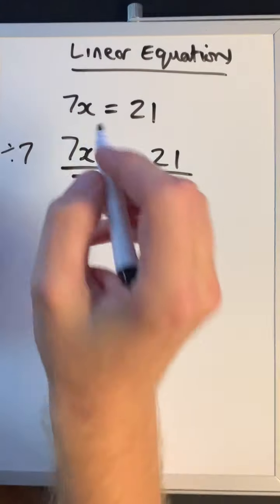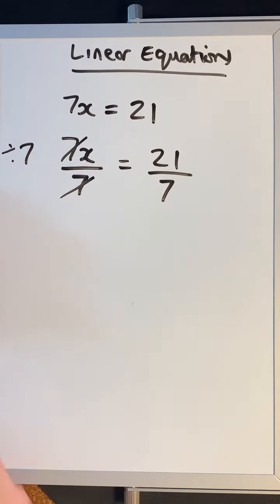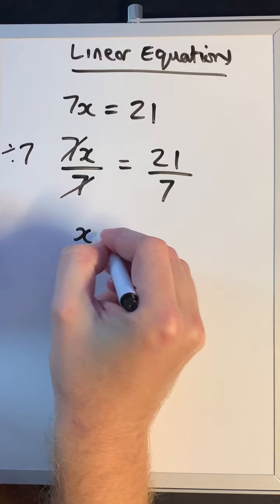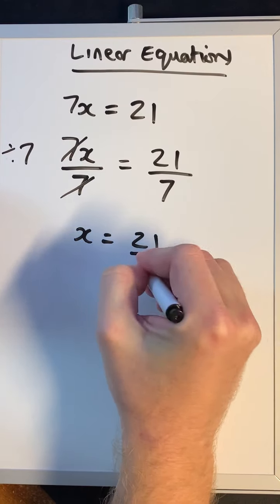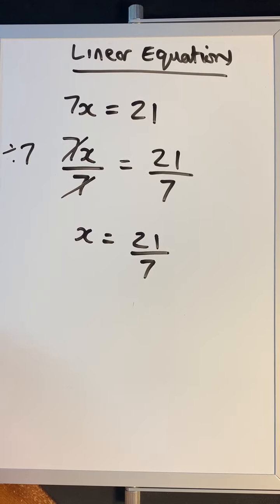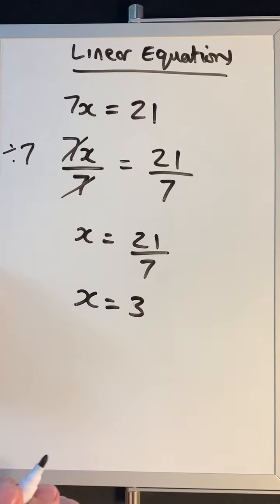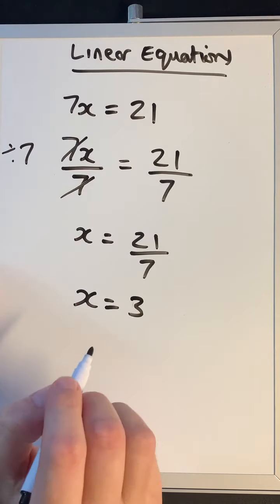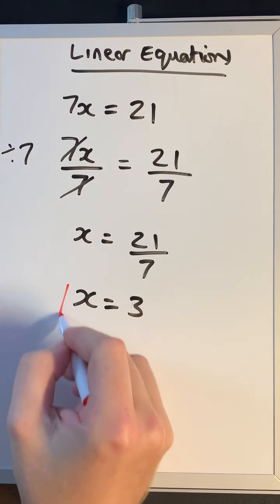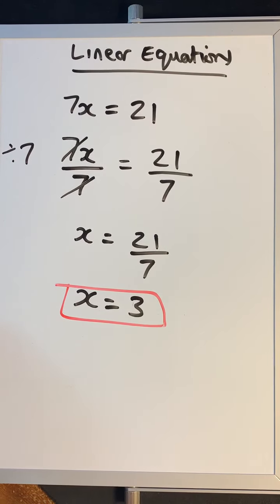The 7s will cancel on the left hand side, so we're left with x equals 21 over 7. And naturally, stick it in the calculator if you're not sure, we get x equals 3. So this gives us the answer to this equation.